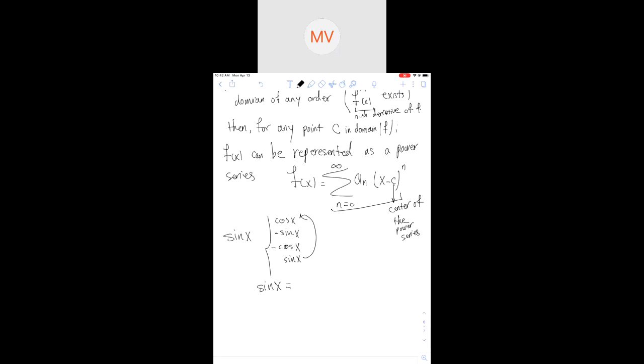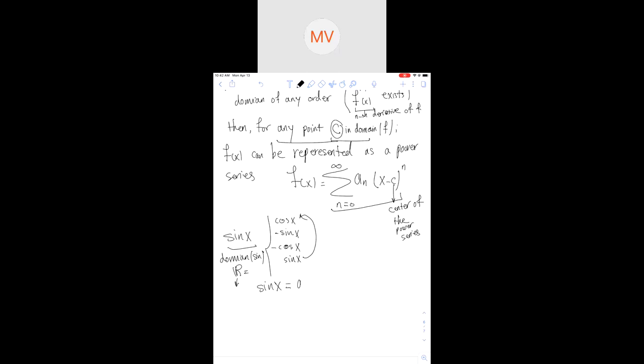And by the way, this can be done for any c in the domain. For any point in the domain of sine, which is literally everything, all real values, for any value in R, you can write sine as a power series, right?